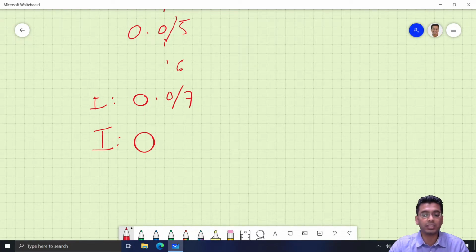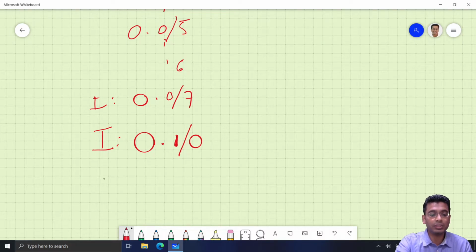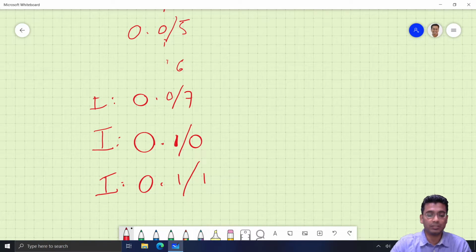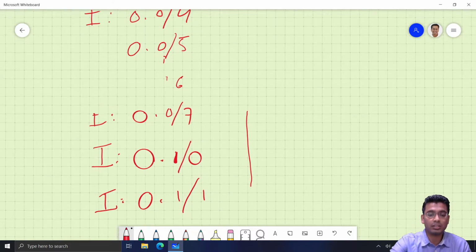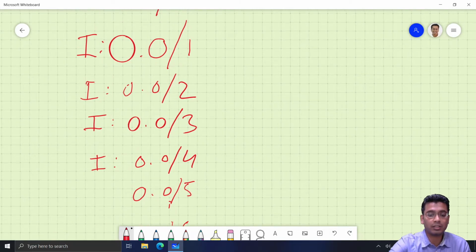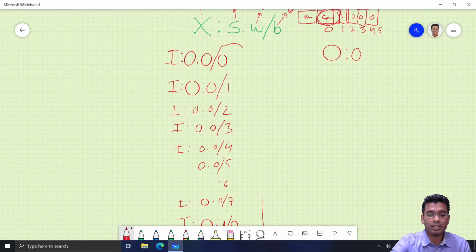If you are using the same slot 0, then your word would become 1, so I:0.1/0, and then again 0.1/1. Fine, because they all constitute one word.